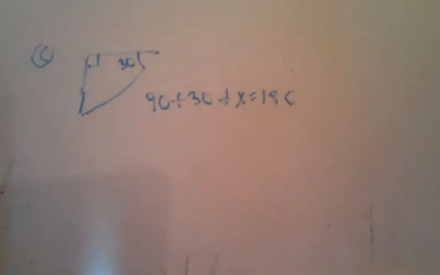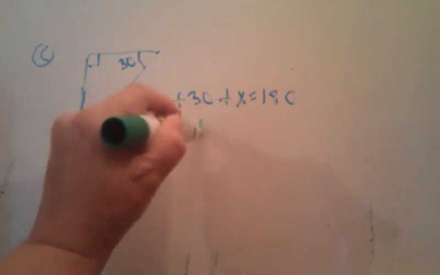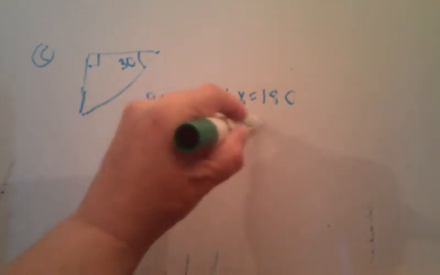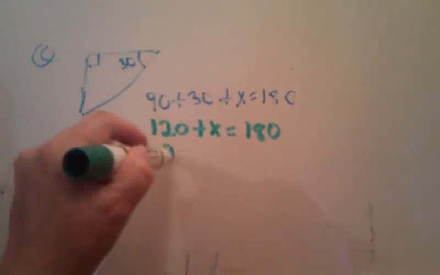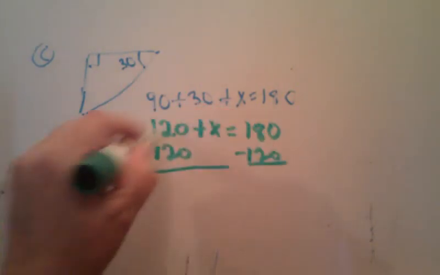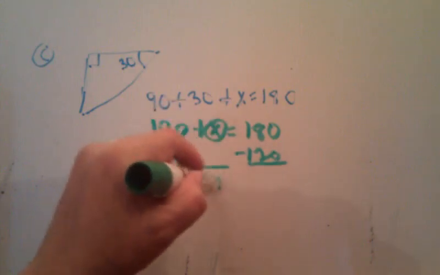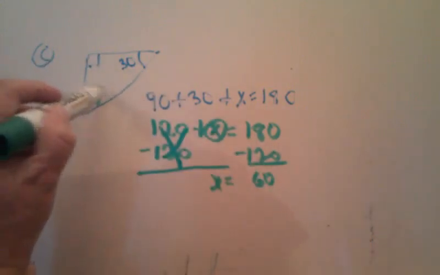My marker officially died. Let's use a different marker. Well, 90 plus 30 are 120 plus x equals 180. So I have to subtract 120 from both sides. These cancel out. I get x equals 60. Right? So this has to be 60.